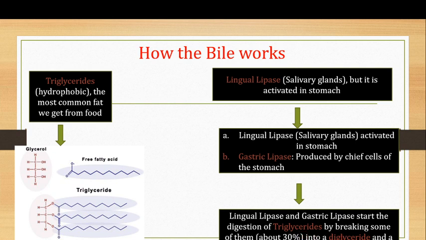What I mean by the diglyceride is that you will have a glycerol molecule and 2 free fatty acids attached to it. So one free fatty acid has been removed, and this then becomes a diglyceride. Di means 2, so 2 free fatty acid molecules will be attached to the glycerol molecule. So 30% of the triglyceride will be broken down by the lingual lipase and gastric lipase in the stomach.